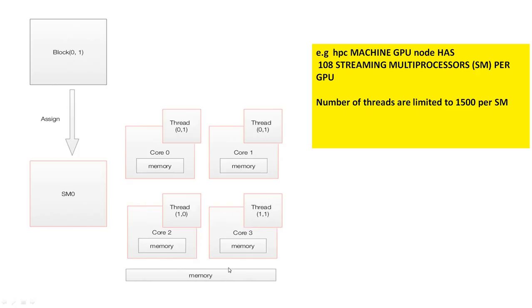Like this you can think, and there is a memory for intercommunication between them. For example, an HPC machine GPU has 108 streaming multiprocessors per GPU, and the number of threads is limited to 1500 threads per streaming multiprocessor, an SM.